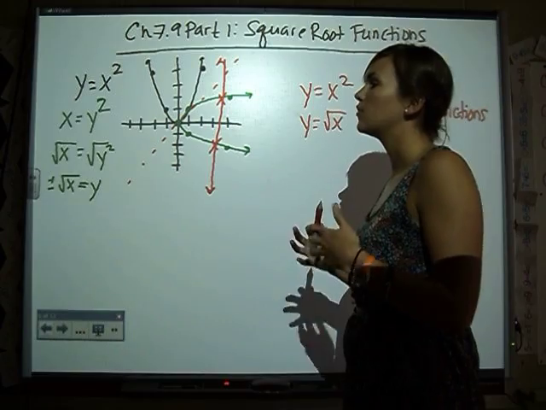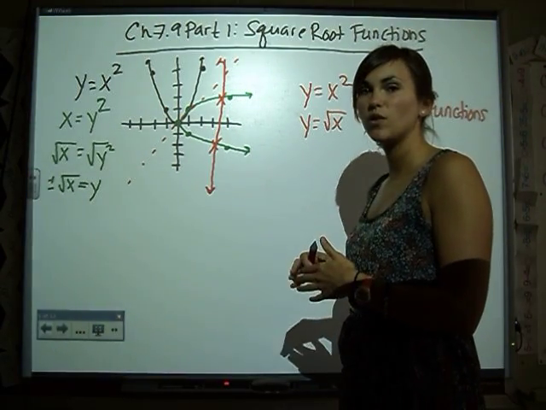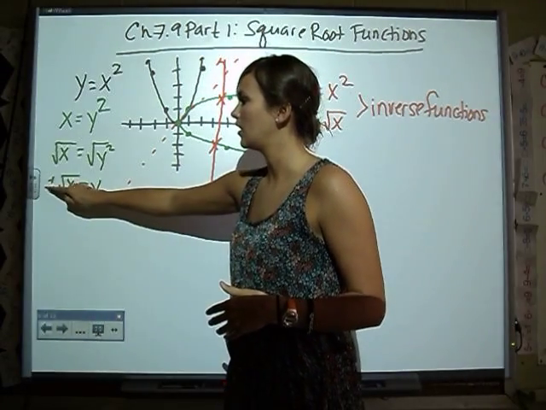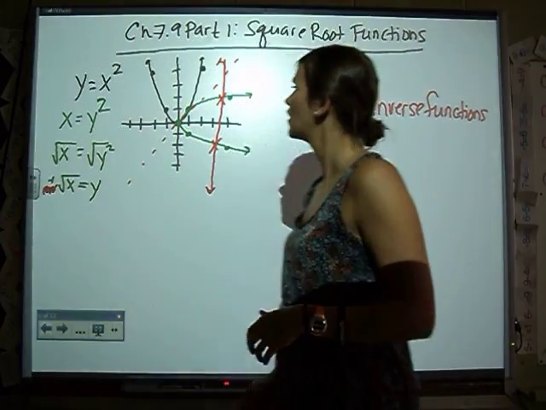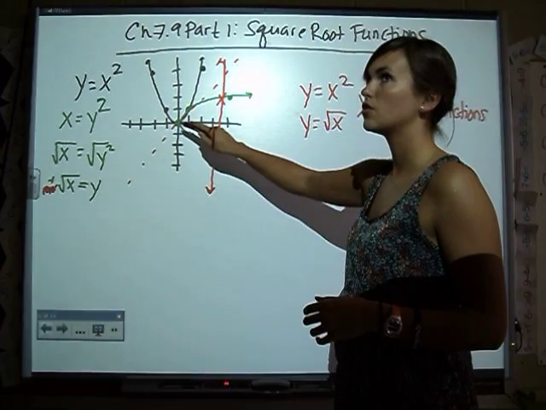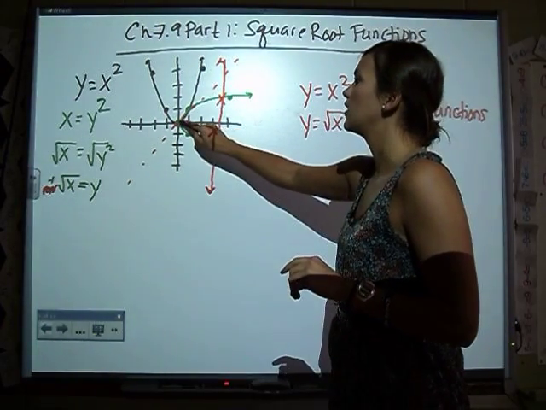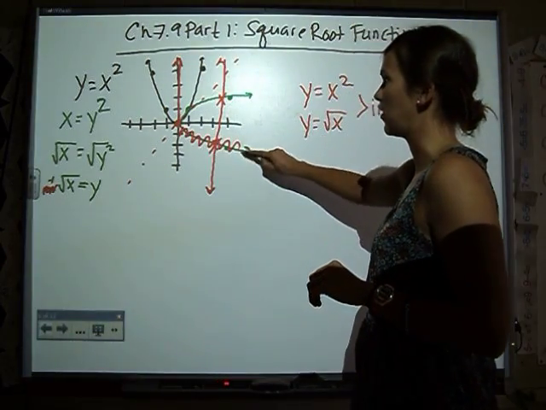So in order to graph our square root, we have to restrict the domain, which means that we're going to eliminate that minus part. This is going to be no longer here. We're restricting the range. The range of our graph is only going to be from 0 and up, so we're not going to be looking at this part of the graph anymore.